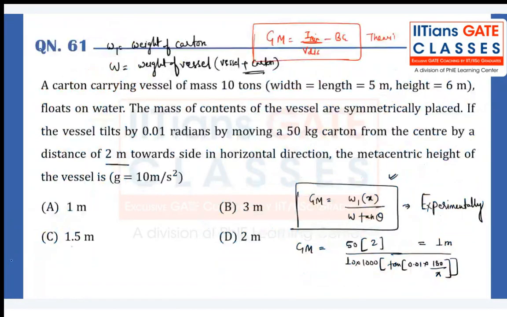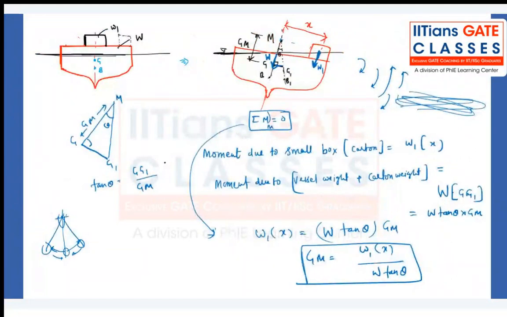So every data is given to you to solve this problem. Remember this, they have given radian. You have to convert to degree by applying 180 by pi.